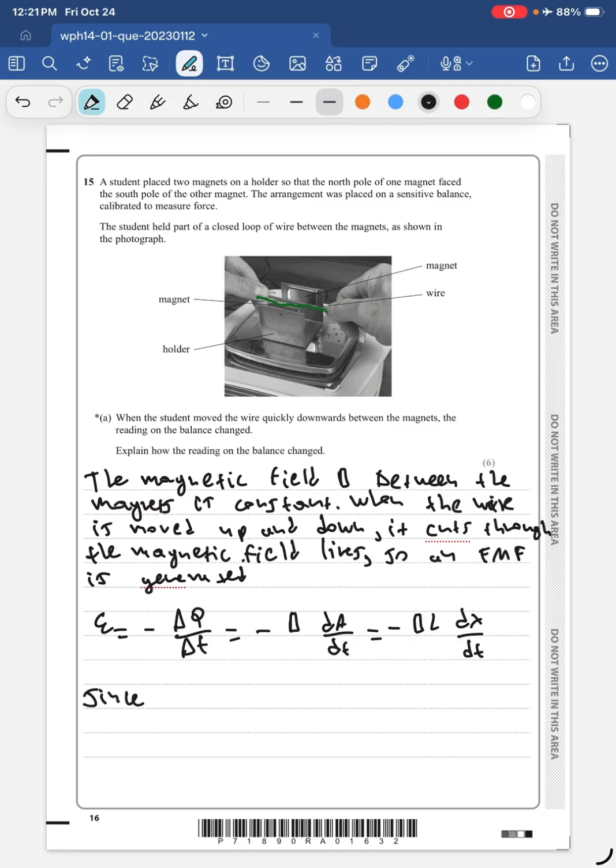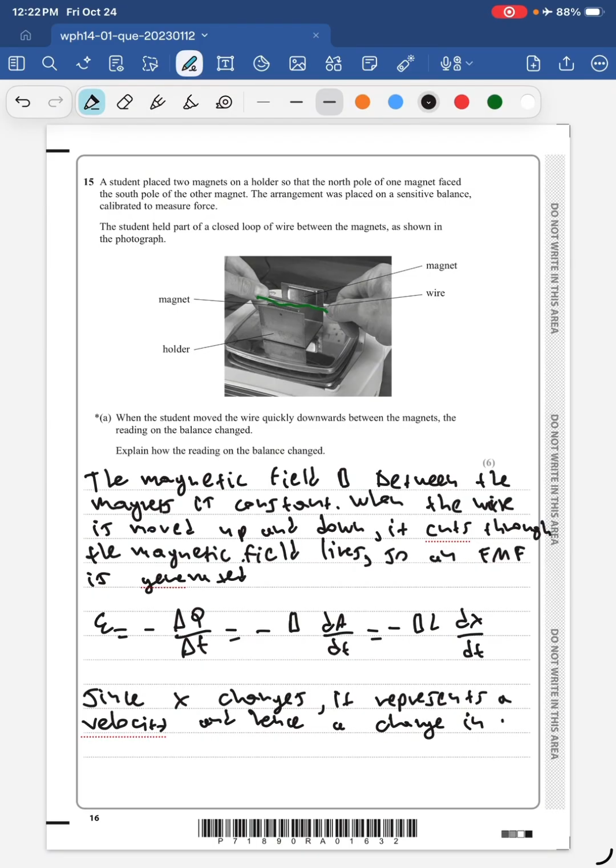Since x changes, it represents a velocity and hence a change in flux, which generates the electromotive force.